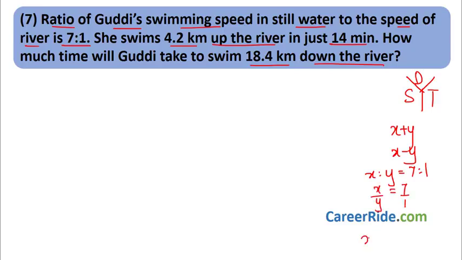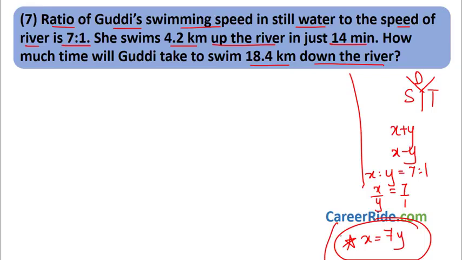So what does that mean? x is nothing but 7 times y, right? So this derivation is important. Let's see how to solve the sum. She swims 4.2 kilometers up the river in just 14 minutes. So upstream Guddi travels 4.2 kilometers, and time taken is 14 minutes. So what will be the upstream speed? That is nothing but distance upon time.